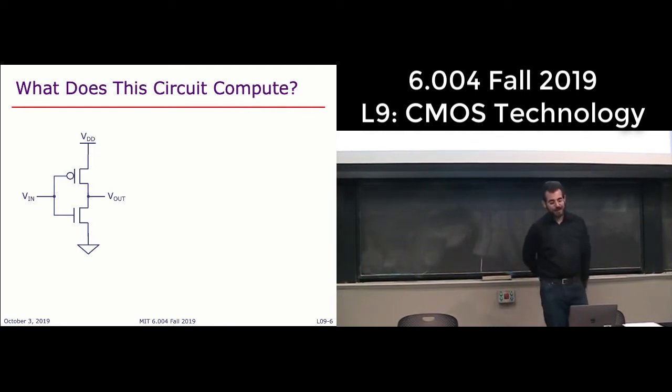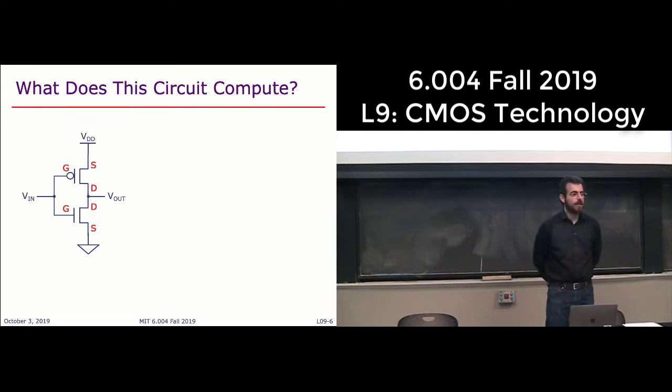Ah, the PFET. But remember, we said that for NFETs, the source is at the lower voltage. So it's just the opposite. The source is here for the NFET, and the source is here for the PFET. It's a bit confusing, but remember, they have opposite definitions.